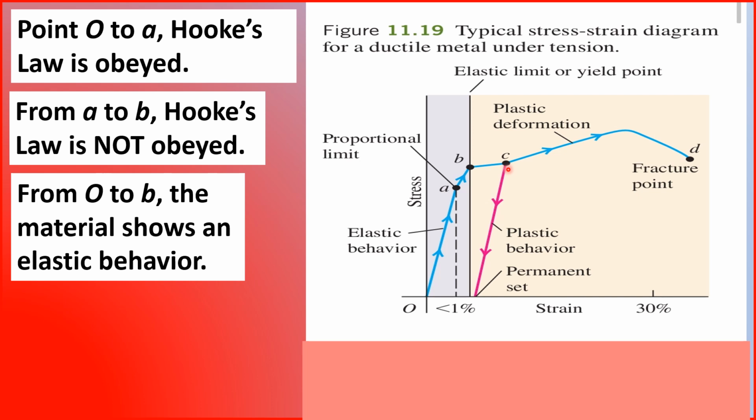So, if the amount of tensile stress is at point C, with the corresponding strain, and if the load is removed temporarily, the body will not be able to go back to its original size or shape. We say that it is already permanently deformed. And that value of the strain at this point is what we call the permanent set strain.